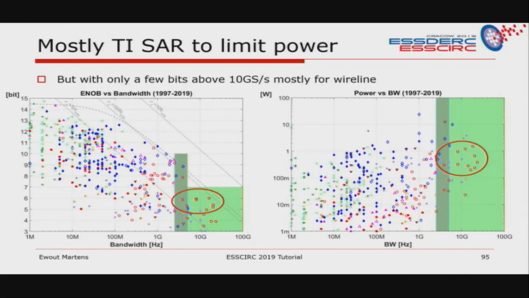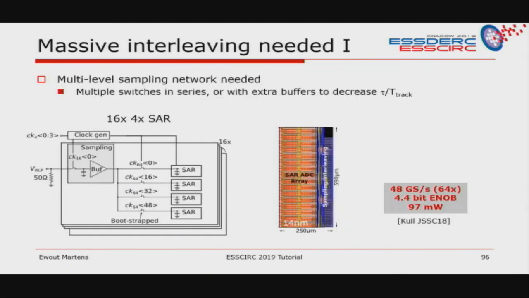So the only thing that is realistic is using more time interleaving, and if you want to do these speeds, you probably want time-interleaved SARs to get the power to relatively acceptable numbers. If you look at the state of the art, everything above 10 gigasamples is basically time-interleaved SARs. With massive interleaving, the interleaving network also becomes more complex.